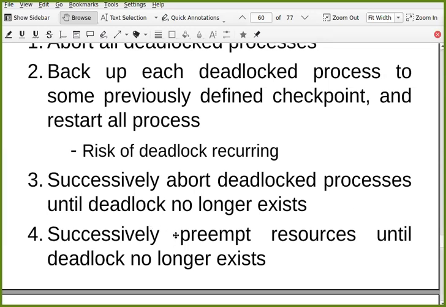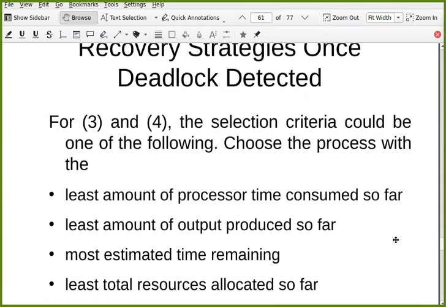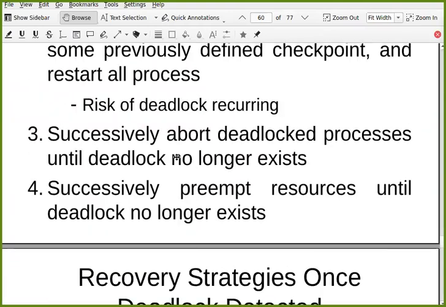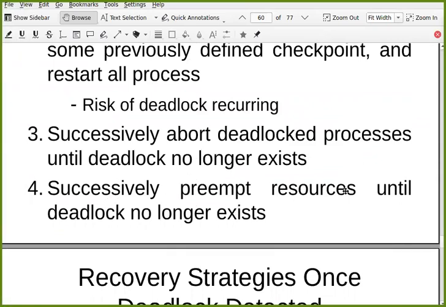And when you abort any process successfully, you need to preempt resources from that process, so that deadlock no longer exists. But then, when we say successively abort deadlocked processes until deadlock no longer exists, or successively preempt resources until deadlock no longer exists, if you need to do any of this, there must be some criteria.